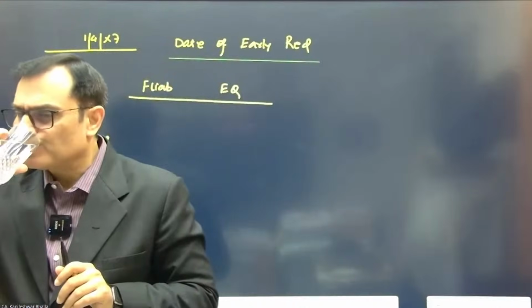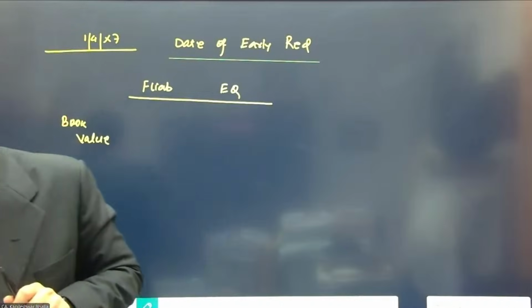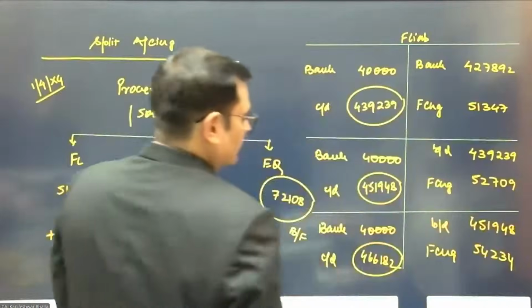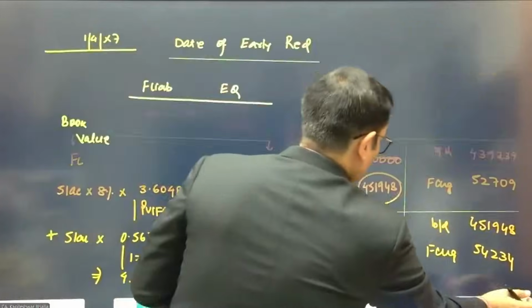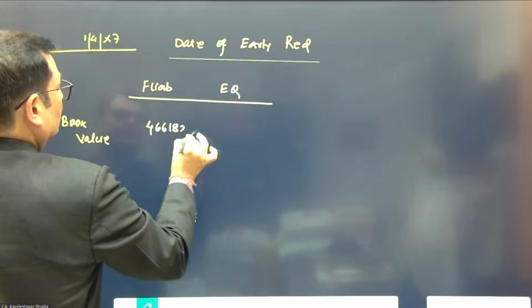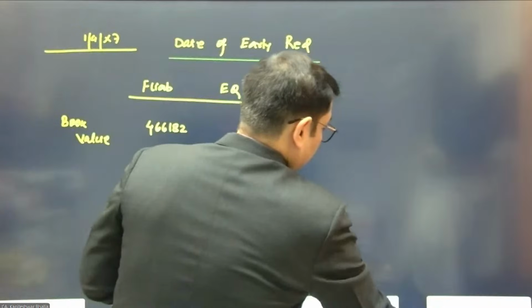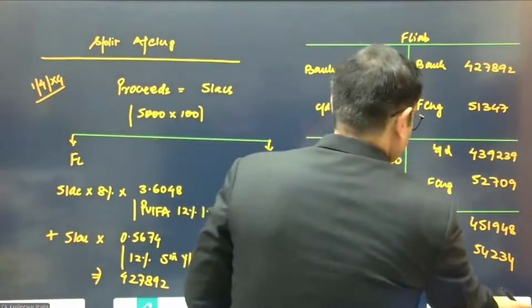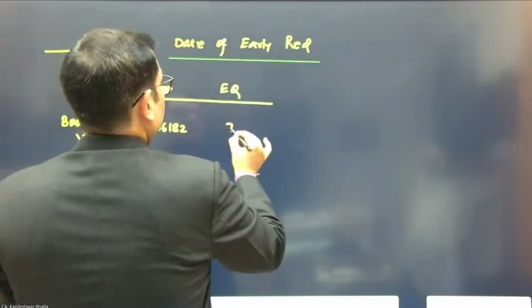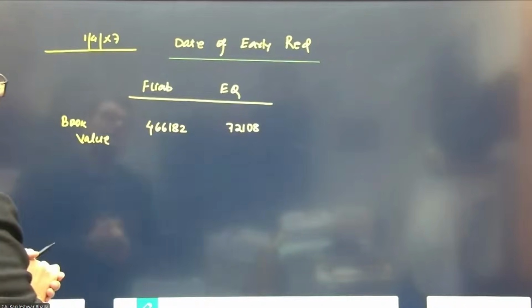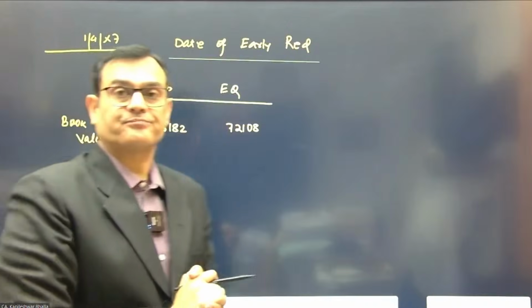That's it. So as far as the financial liability is concerned, 466,182, and the equity would remain the same, what we calculated earlier, 72,108. That remains the same. No changes because that would continue in tab number 1 consecutively.